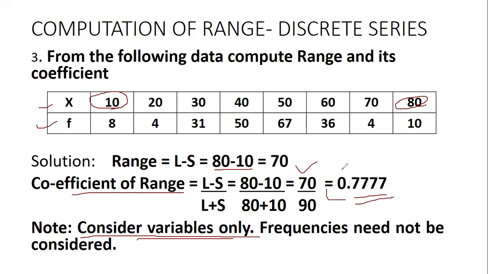So this is given in the form of ratio. So for discrete series, you're supposed to only consider X and don't consider the frequency. Only considering from X, you have to take the smallest number and the largest number and calculate range and coefficient of range.